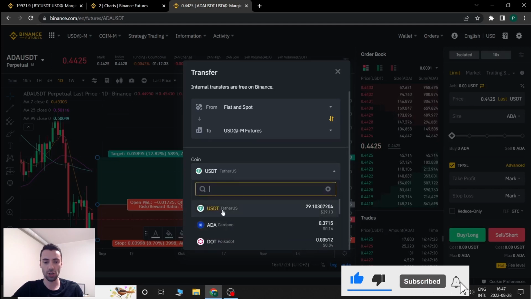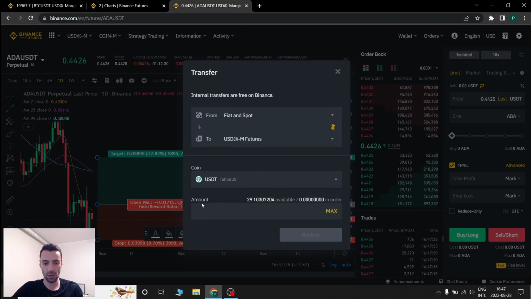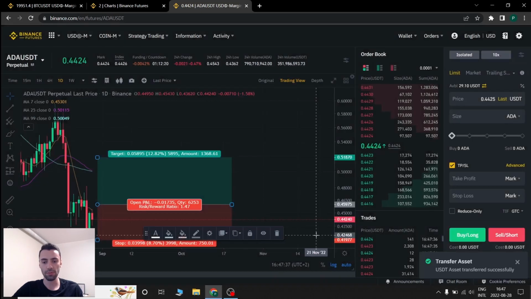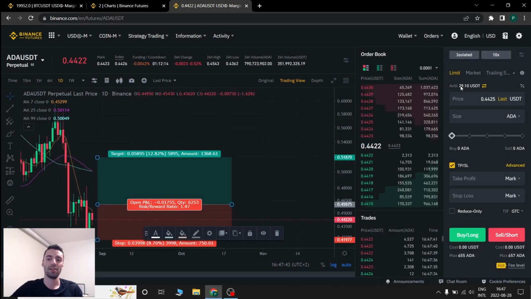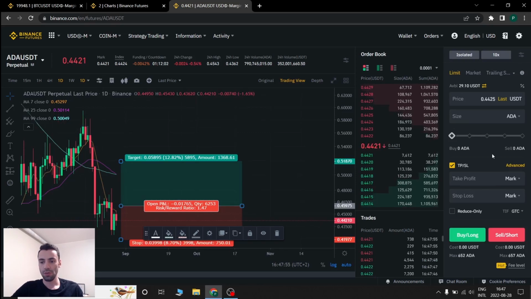You can change it, but we want USDT. How much do we have here? Actually, there is $29 available, so we bring all of it and confirm. So here we are. We have an available balance of $29.10 USDT.